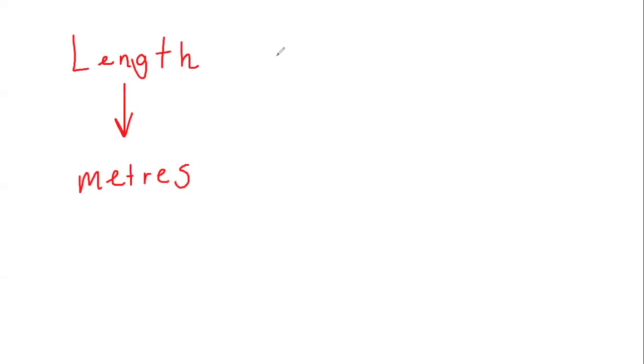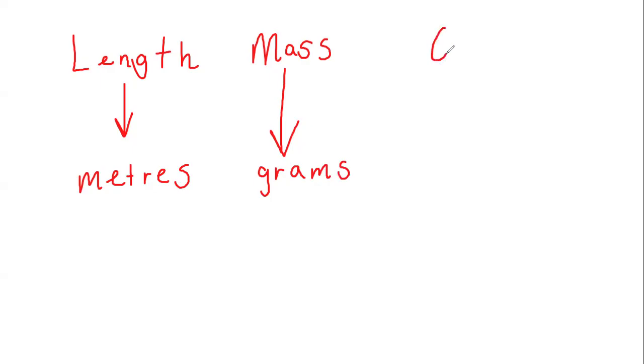And then we looked at mass. The base unit for mass is grams, very good. Then we looked at capacity. What was the base unit for capacity? Liters, very good.